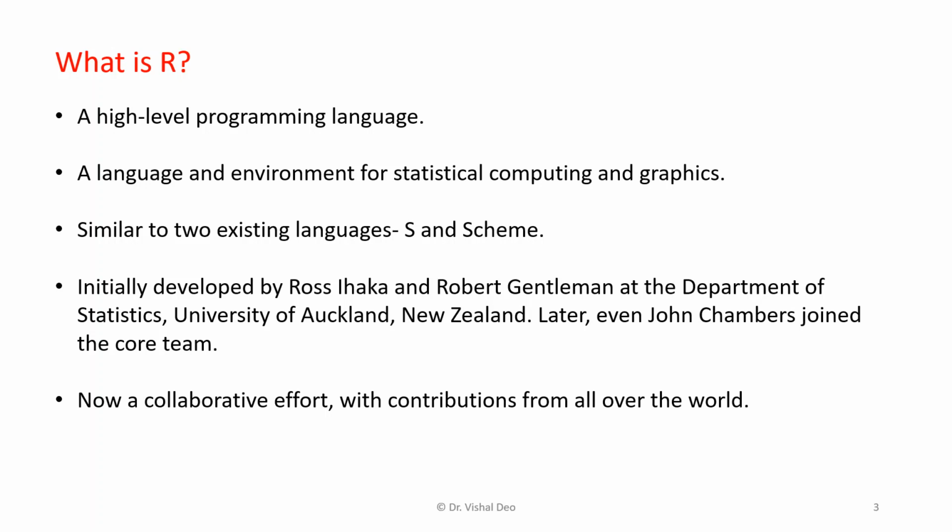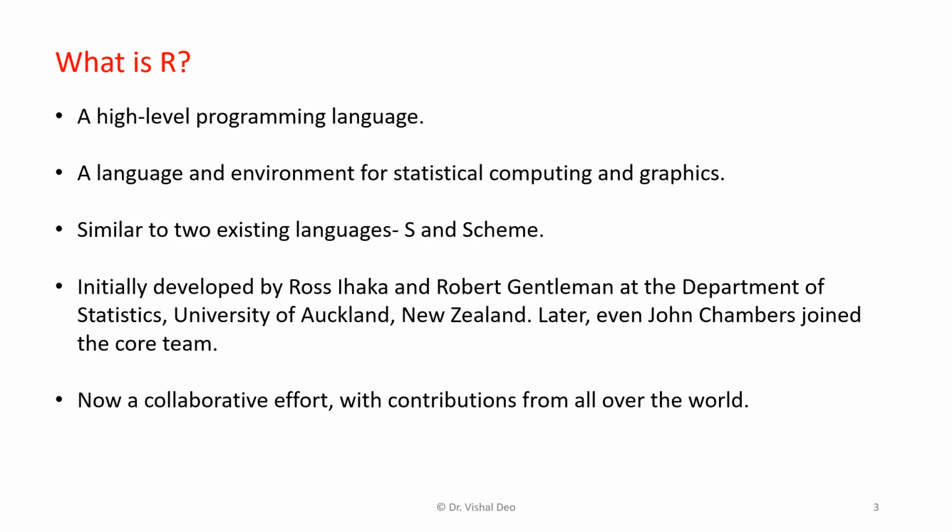The R language was developed by Ross Ihaka and Robert Gentleman, and both were at the Department of Statistics, University of Auckland, New Zealand. Later on, various leading statisticians and software engineers joined the core team for developing R, and that included John Chambers, who was behind the development of S as well.